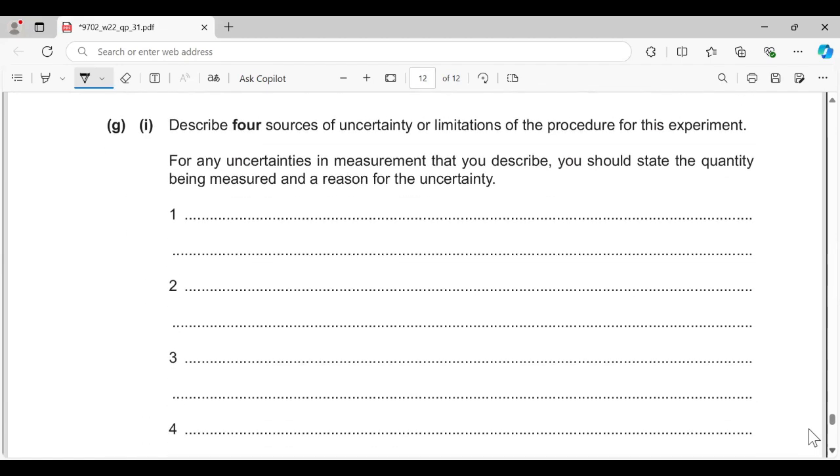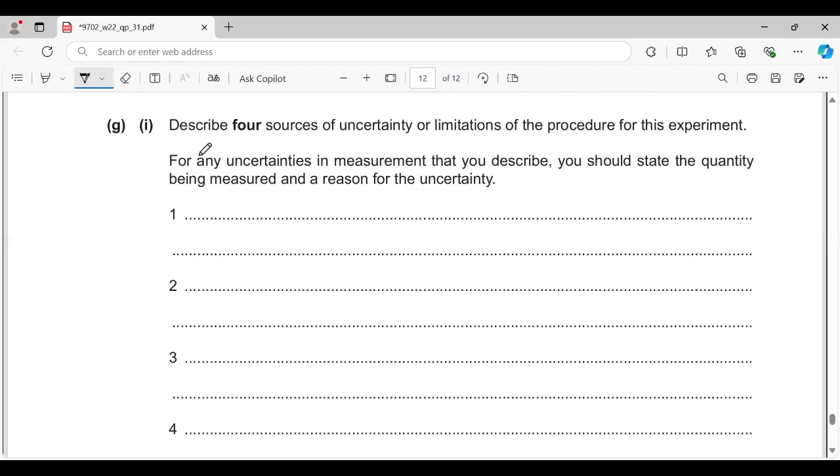Next, G, describe four sources of uncertainty or limitations of the procedure for this experiment. For any uncertainties in measurement that you describe, you should state the quantity being measured and a reason for the uncertainty. Okay.